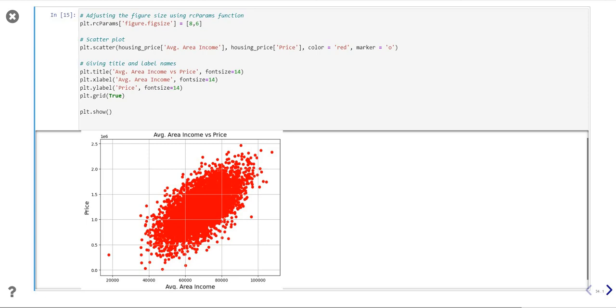Yes, you can see that, even though it's not a line graph. A linear relationship is easier to see in a line graph, but do you see that the whole distribution is going up? As the price is increasing, the average income is also increasing. So this is the positive linear relationship between the average area income and the price.